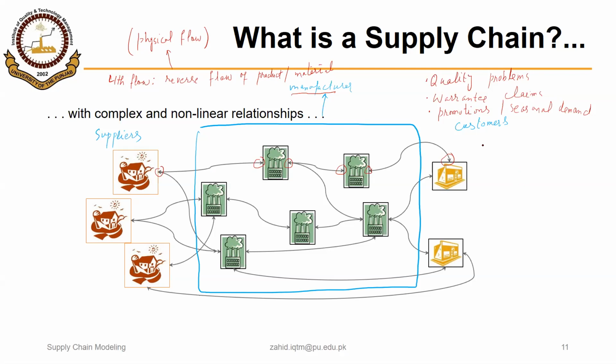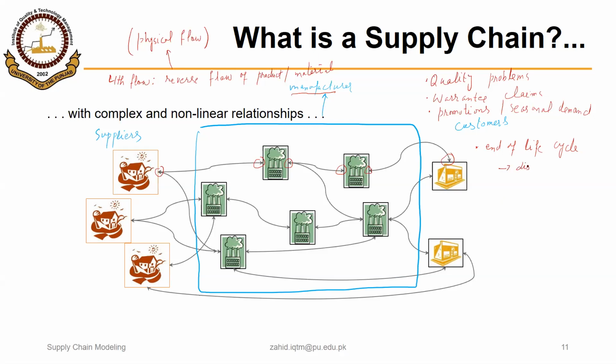And one important reason actually of this reverse flow is end of life cycle. So there are some agreements in some countries that when the life cycle of the product ends, it is returned to the manufacturer, and manufacturer is responsible for disposing the product. Or there are two interesting options.